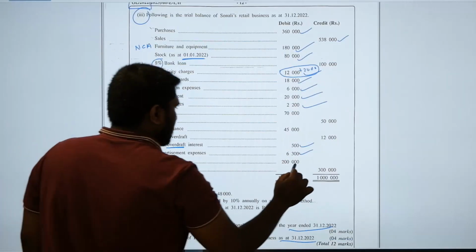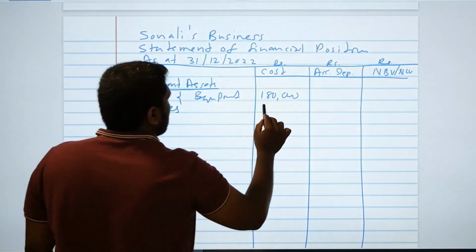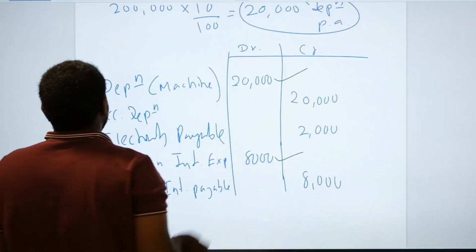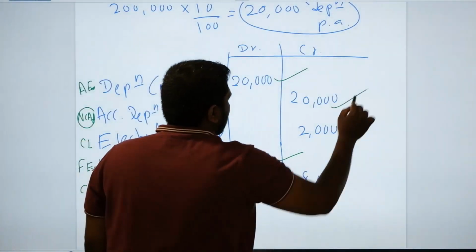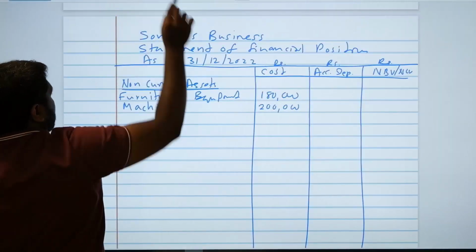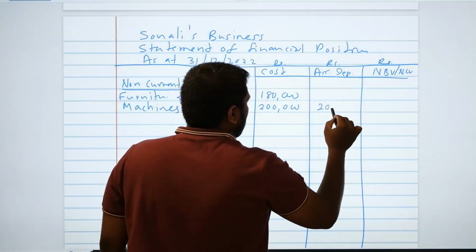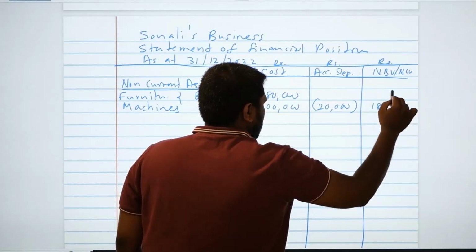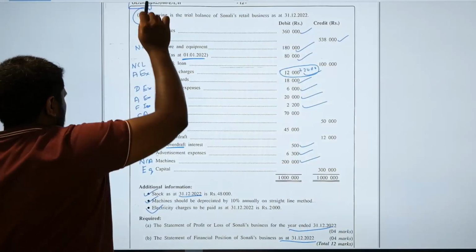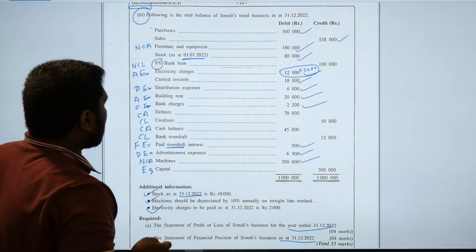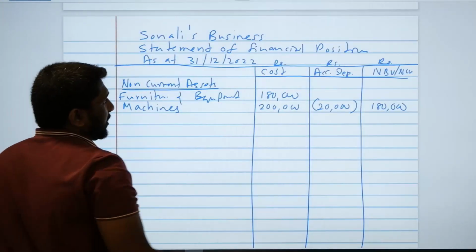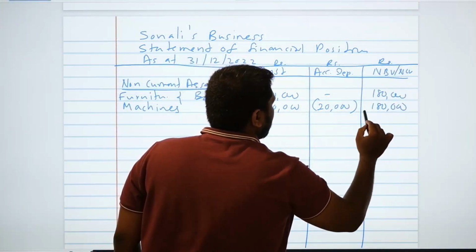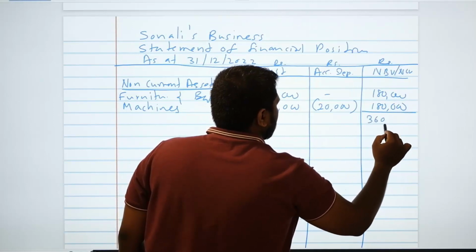Machines cost is 200,000. And we have another one, accumulated depreciation, reduction of the non-current assets, 20,000. So here it is 180,000. And I think we are done with all the non-current assets. So here no accumulated depreciation, they have not given any information. 180,000. So here it is 360,000.